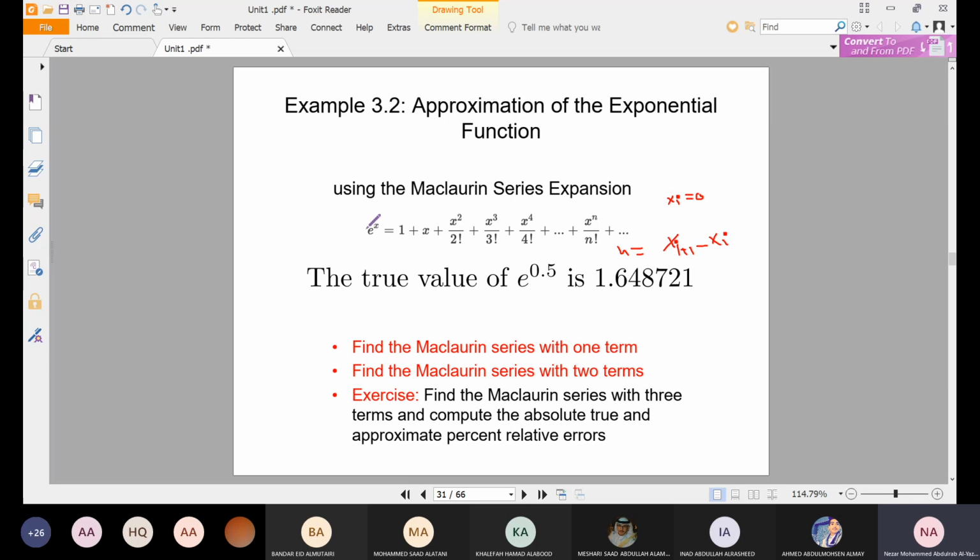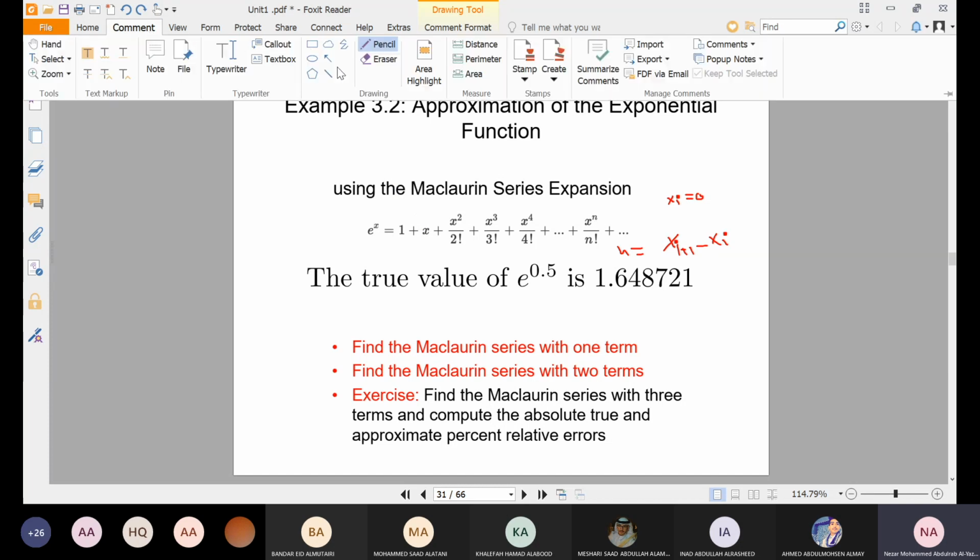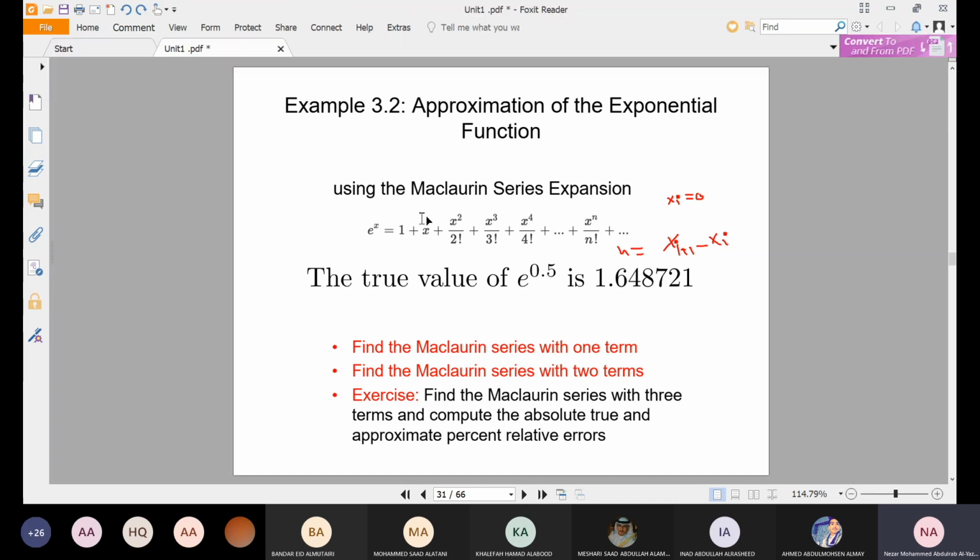All these functions are multiplied by the derivative. Let's type this one: the first derivative, for example, f of 0. This x is multiplied by the first derivative of f of 0, and all of them are multiplied by f of 0, but the order of the derivative will increase step by step.